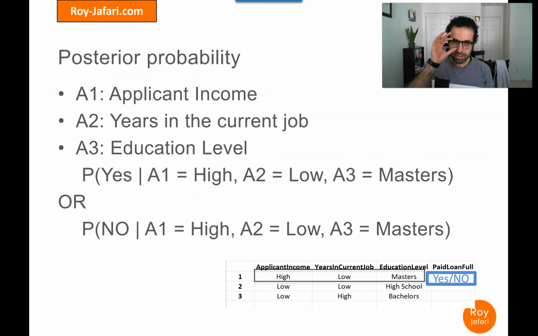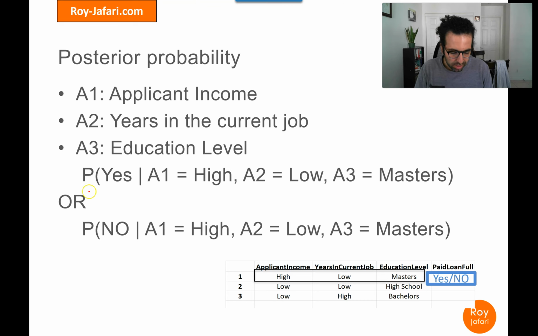So what does Naive Bayesian do? Naive Bayesian uses a posterior probability, and that's what that means. Posterior probability is a conditional probability: the probability of having a yes, which means the customer will pay the loan in full, given a specific customer, or given a set of independent attributes. So this is what we have here.